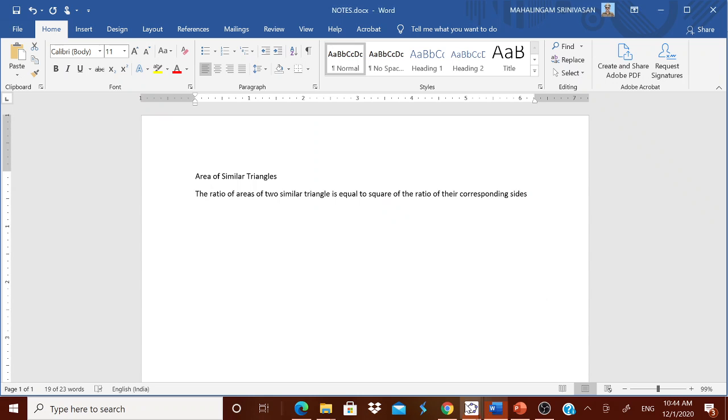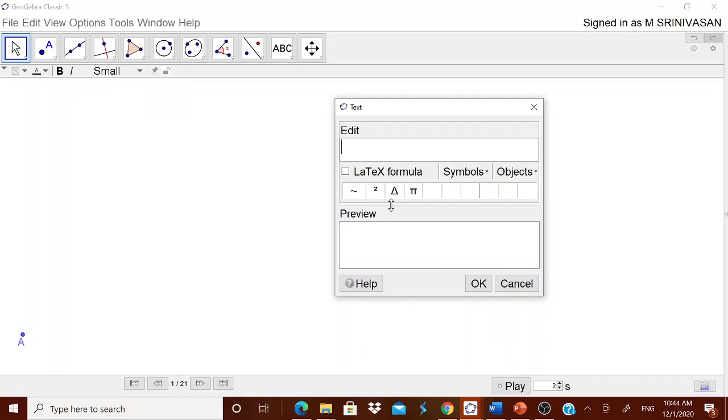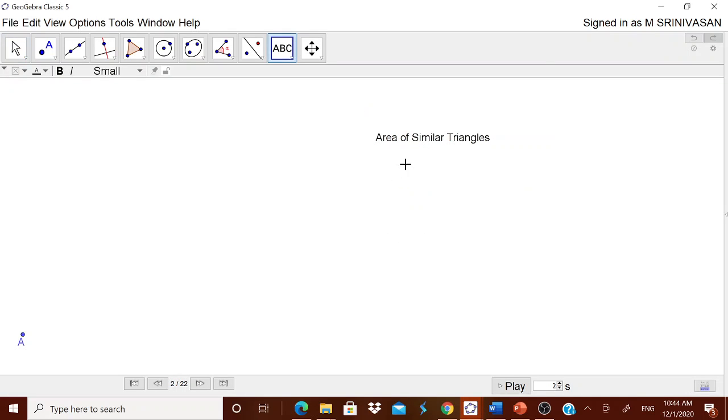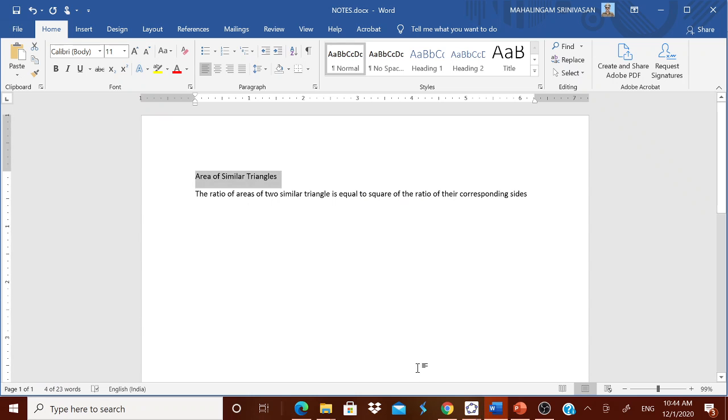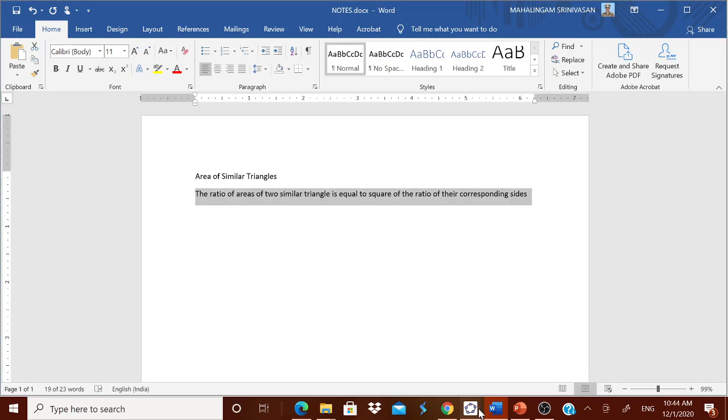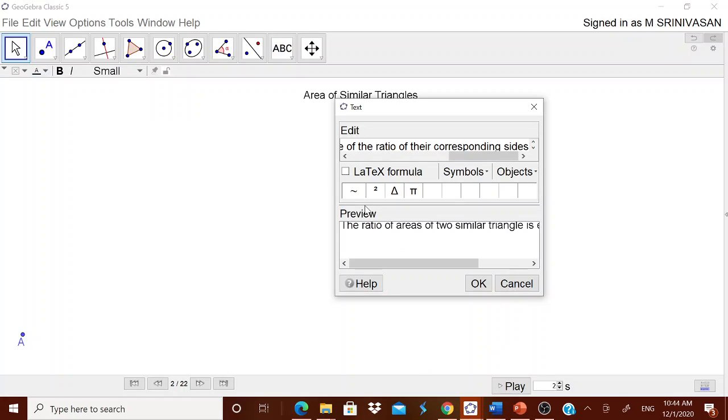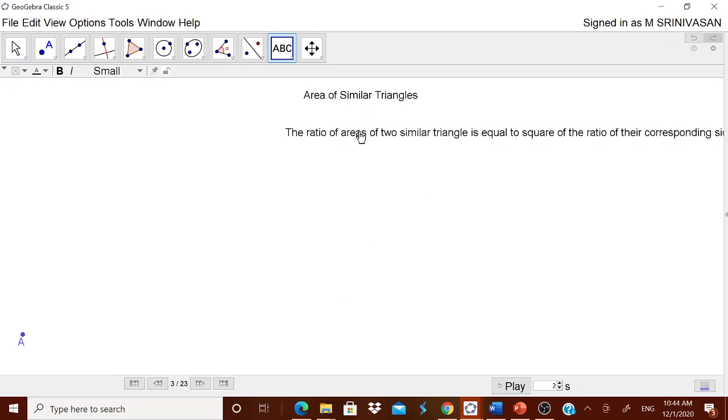Normally, whenever you want to start, it is better to give a heading to whatever worksheet you are preparing so that the child will get interest out of it: area of similar triangles. And you can declare what the property is, what the ratio of the areas is. You can ask the children. Children will come out with the answers and you can verify it also.